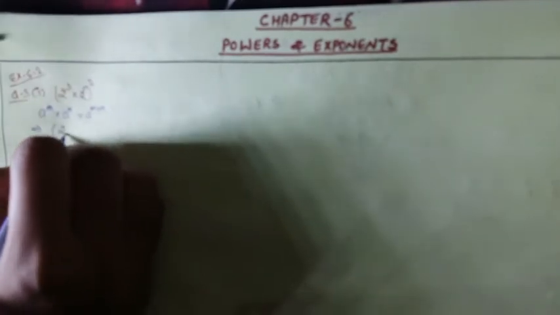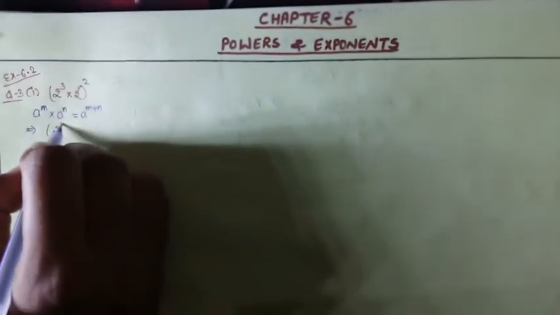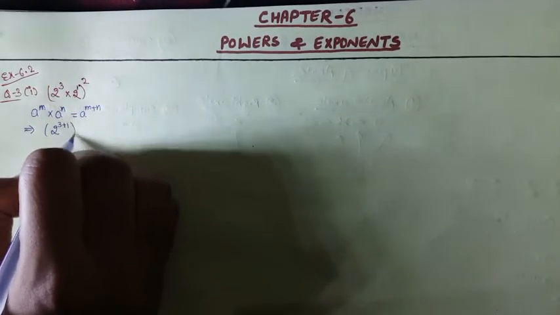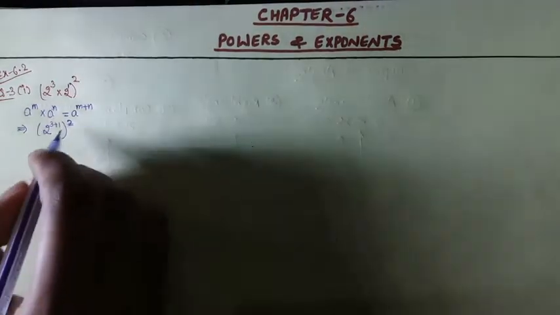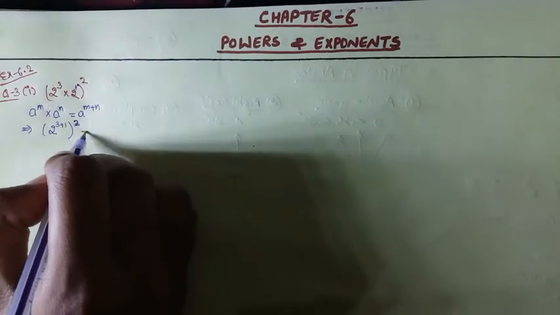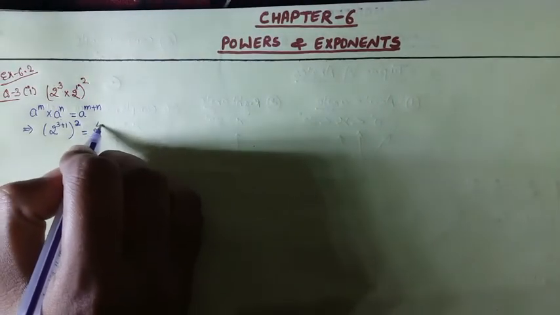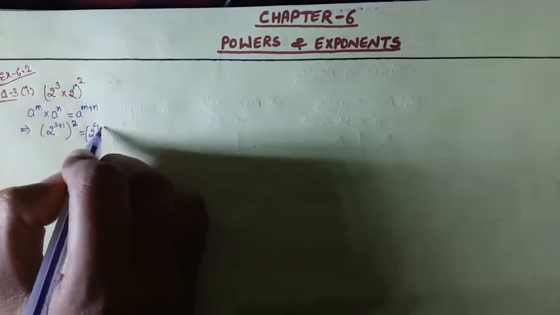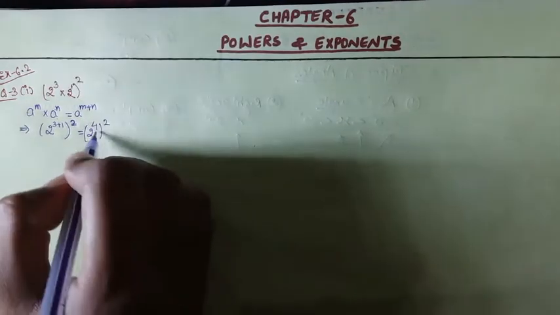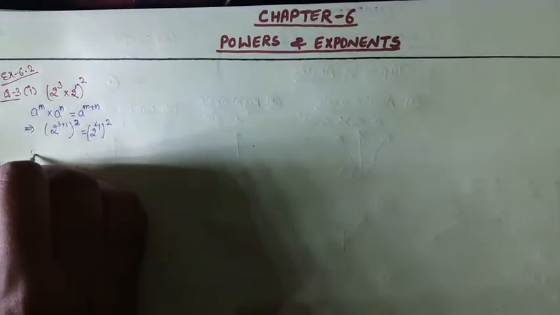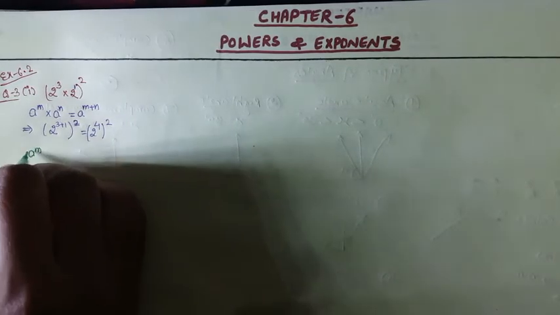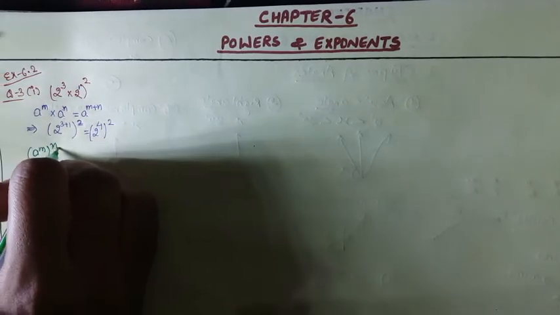This we will get as 2 to the power 3 plus 1, whole power 2. Now 2 to the power 3 plus 1 is nothing but 2 to the power 4, and here we have whole power 2. Now this one is in the form of a to the power m whole power n.